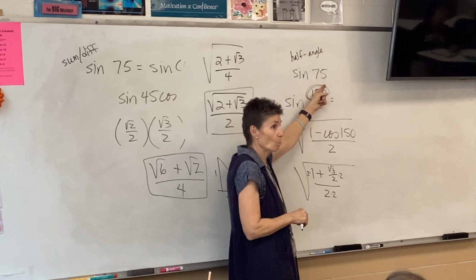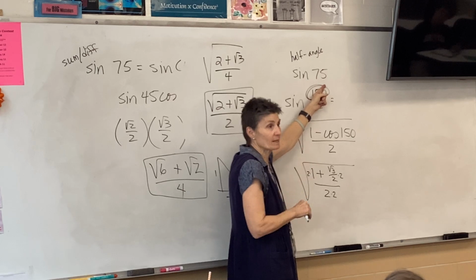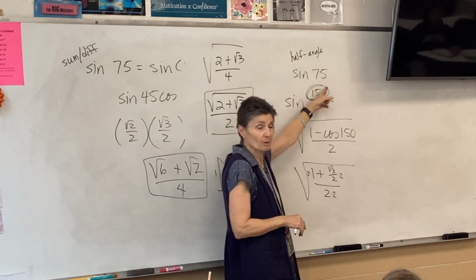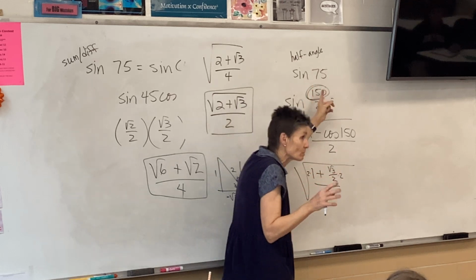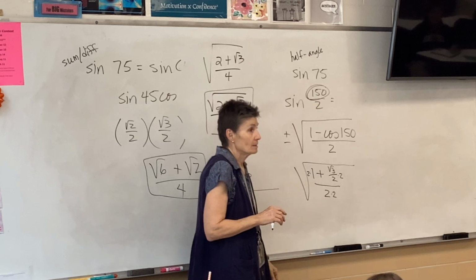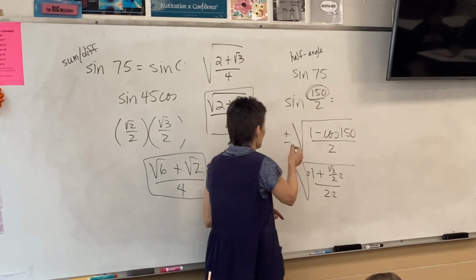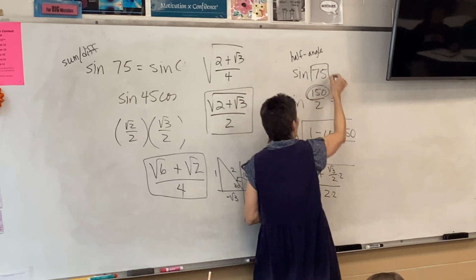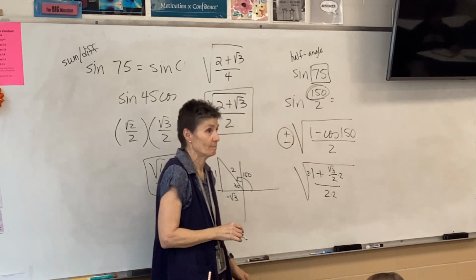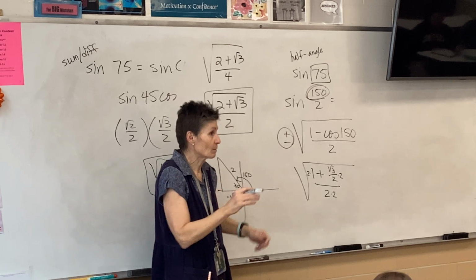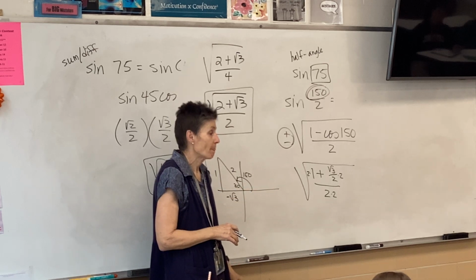Quadrant 1. What do I know about everything in quadrant 1? It's positive. If this had been a bigger number in quadrant 3 or something, then I would make it negative. Whether you choose plus or minus depends on what quadrant your problem is in. Your problem's in quadrant 1, so everything will be positive.